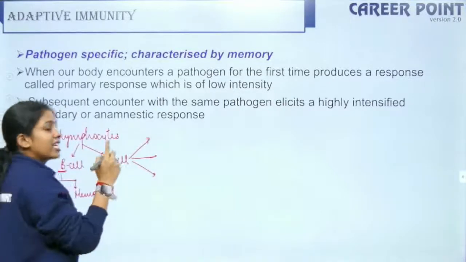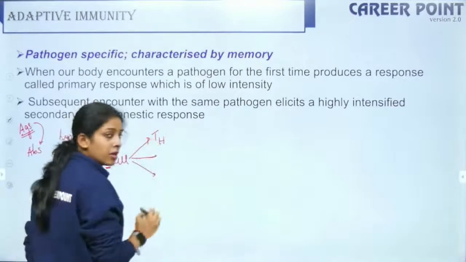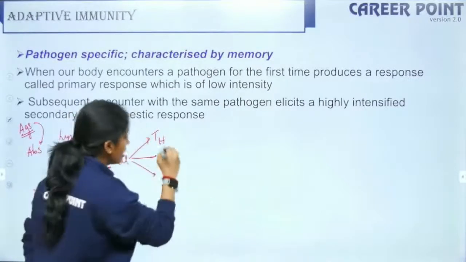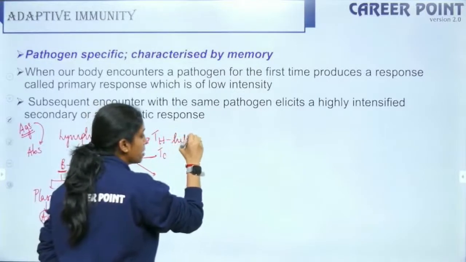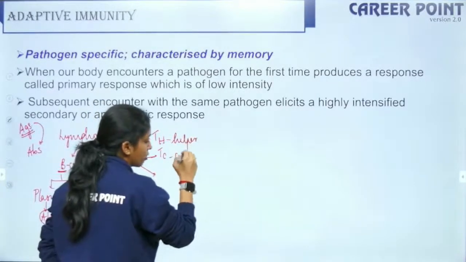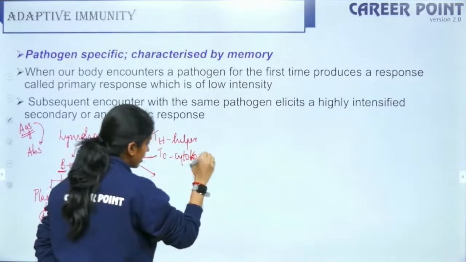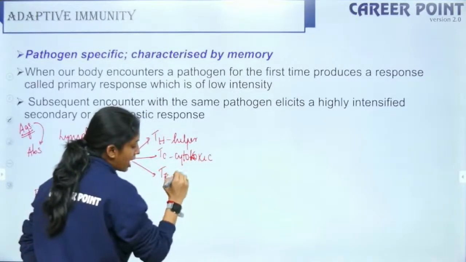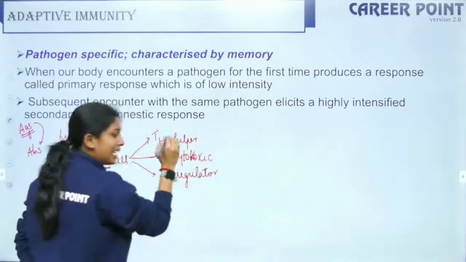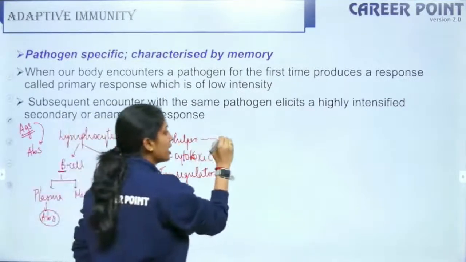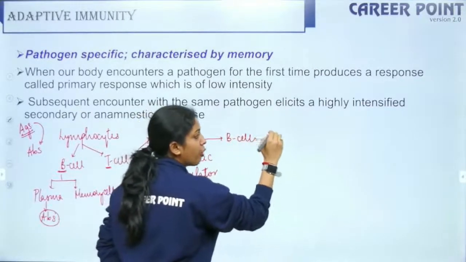So you have three types of T cells. First one is the TH cell, T helper cell, then TC cell. H stands for helper, C stands for cytotoxic. And then you have TR cell, that is T regulatory cell. T helper cells help your B cells to produce more antibodies.